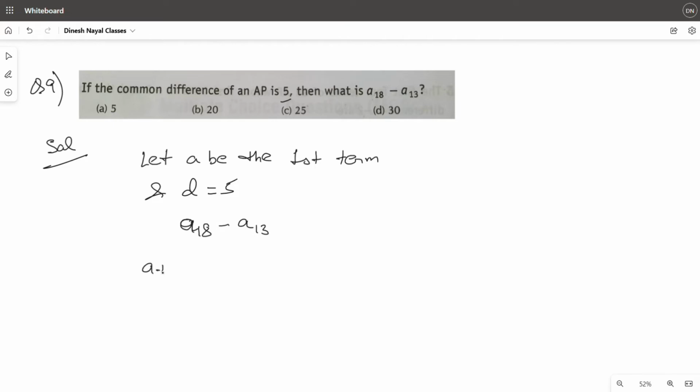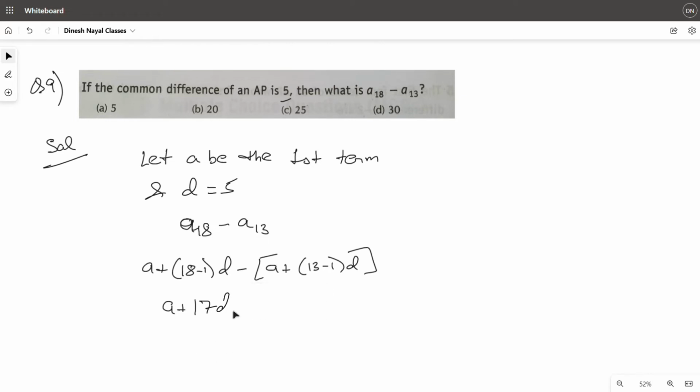So this is A plus (18 minus 1) into D, minus, then starting with the bracket, A plus (13 minus 1) into D. Now this is A plus 17D, since 18 minus 1 is 17. And then minus, again starting with the bracket, A plus 13 minus 1 is 12D.